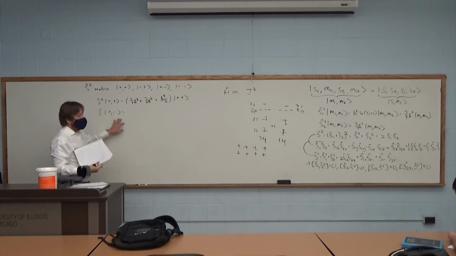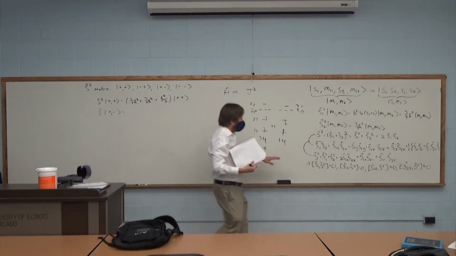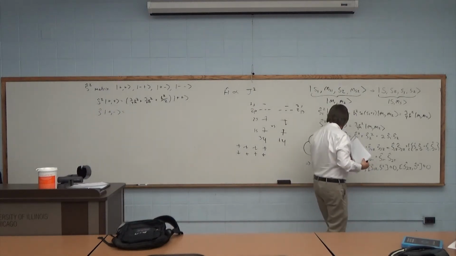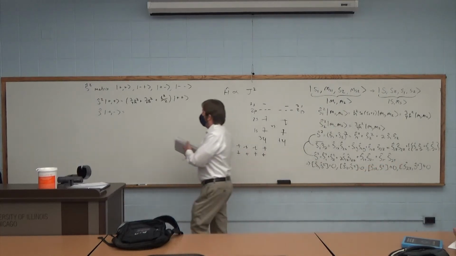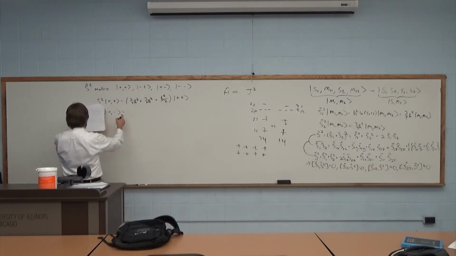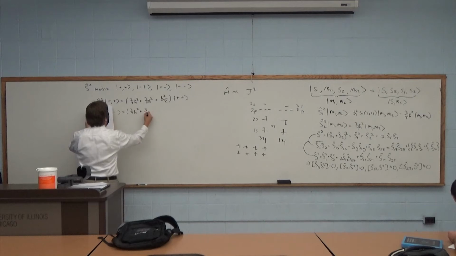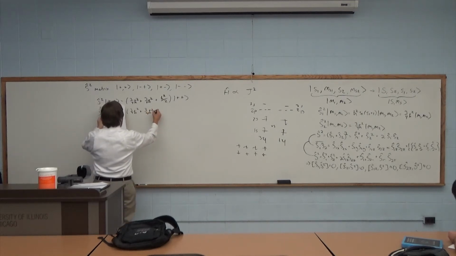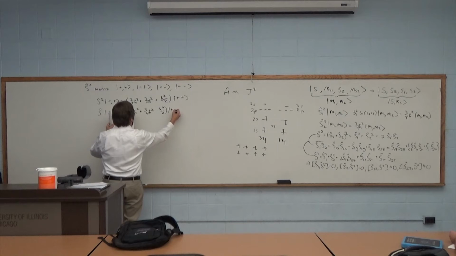Okay, so the thing here is, notice that you have raising and lowering operators. S squared has raising and lowering operators. This is where it's going to get complicated. So in this case, we have S1 squared plus S2 squared. Again, those are easy. And because of the raising and lowering operators, you're going to have this happen.